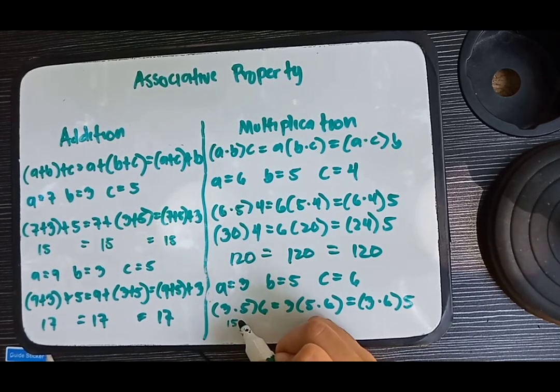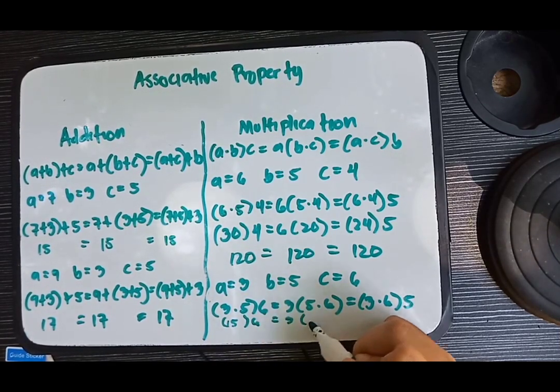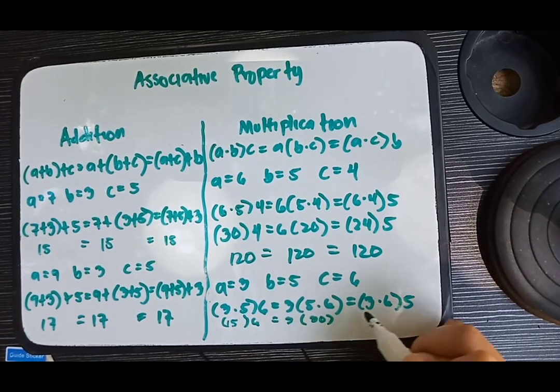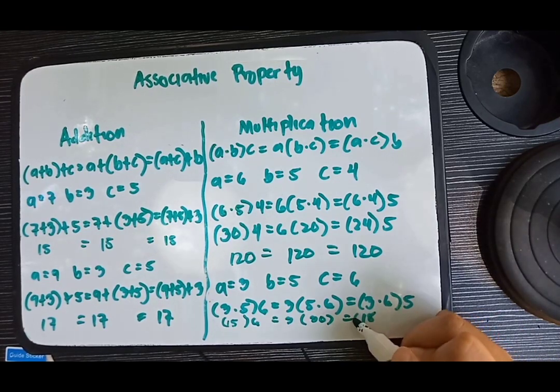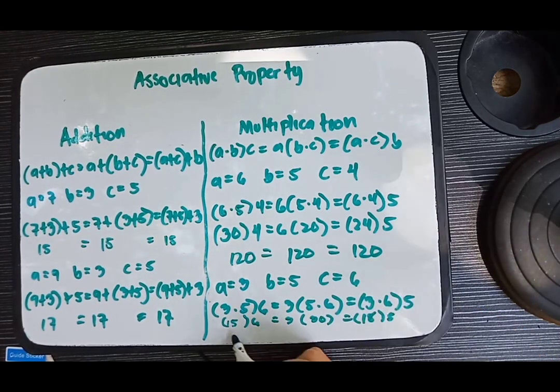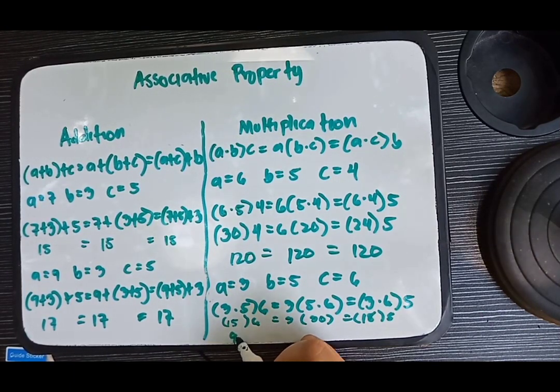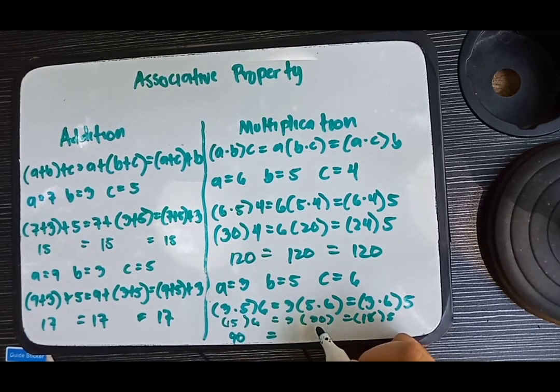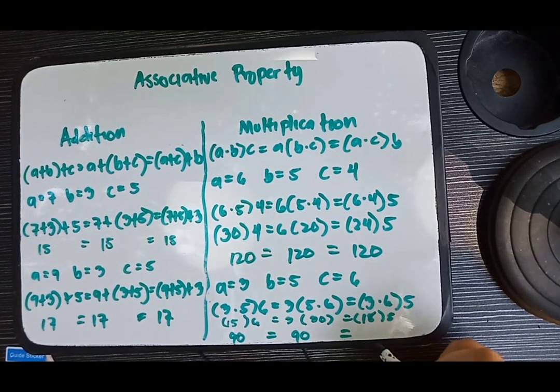So, to simplify, 3 times 5, 15, times 6, equal to 3 times 5 times 6, 30, is equal to 3 times 6, 18, times 5. So, 15 times 6 is equal to 90. Equal to 3 times 30 is also 90. 18 times 5 is 90 also. So, the factors do not affect the product.